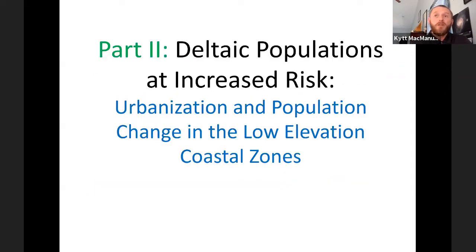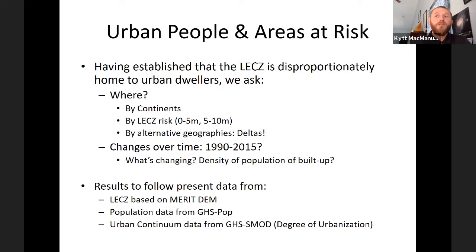So I want to move on to part 2, which is a case study looking at deltaic populations at risk. Since we've established that the LECZ is disproportionately urban, we want to know where are the most people. Could it be that administrative data like countries aren't really capturing that, and maybe we need to use an alternative geography like a delta?